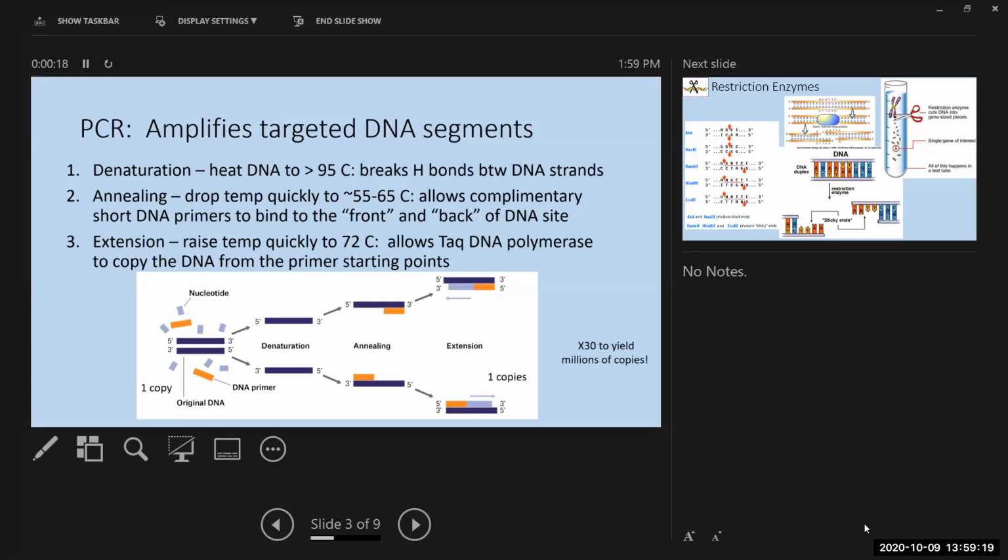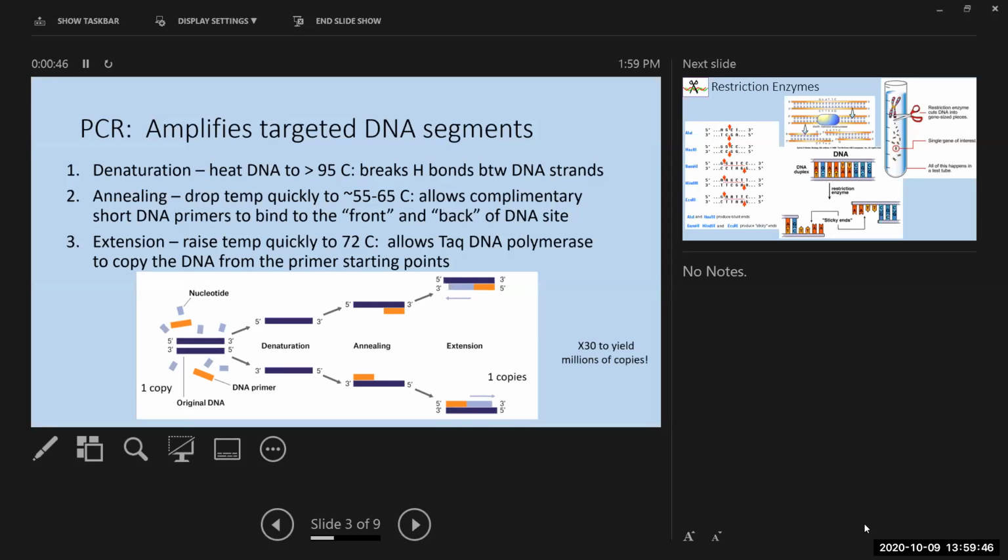PCR stands for polymerase chain reaction. The reason it's been really handy in COVID analysis is that we know the genes associated with the virus. You might have just a small amount of the virus in your body, so they take a sample from your nose, your sinuses, and try to amplify the viral genes to see if you have them.